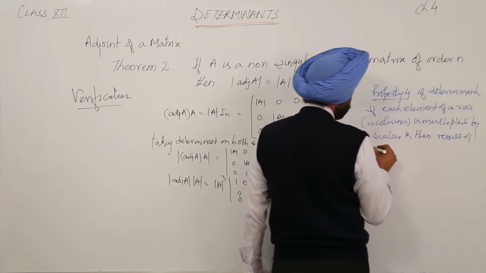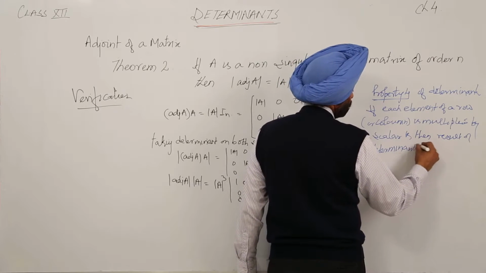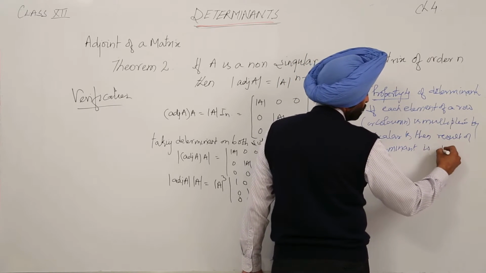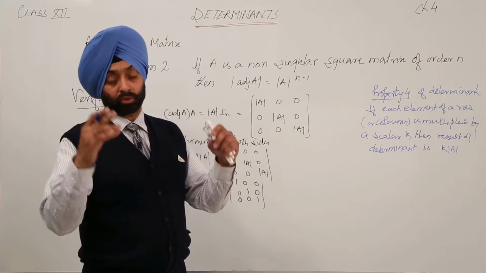the result of the determinant is k of determinant A. Okay, so this was a theorem.